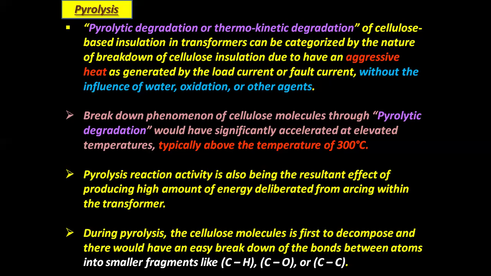The breakdown of cellulose molecules through pyrolytic degradation is significantly accelerated at elevated temperatures, typically above 300 degrees centigrade.